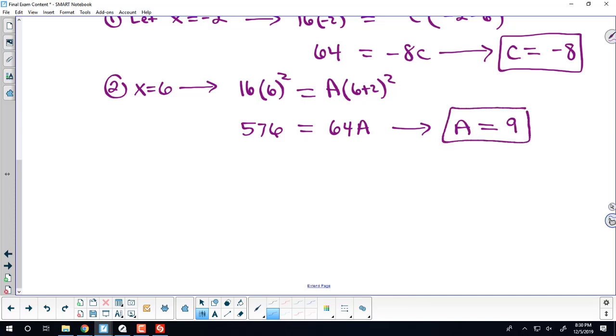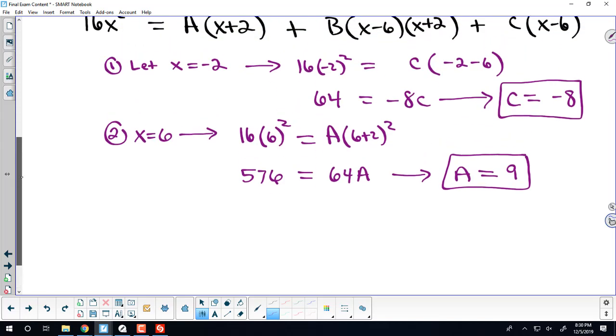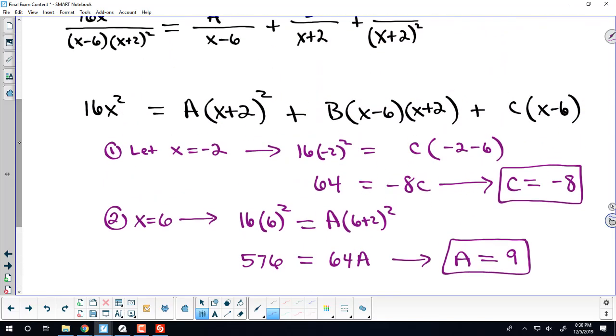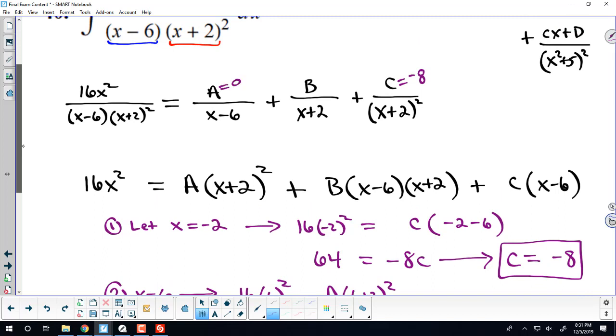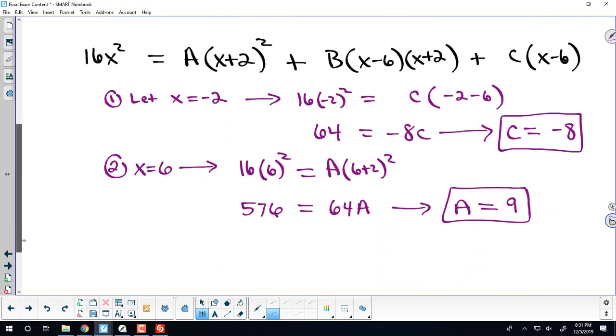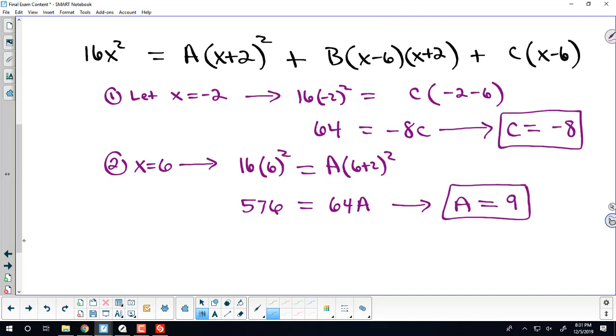So we've got a and c. Unfortunately, b had both of those factors, so a little more work is required to find b. But let's go ahead and fill out a up here as 9. Since we didn't get all of them, you've got to multiply this stuff out and equate coefficients, because you need a system of equations, preferably one that has b by itself.